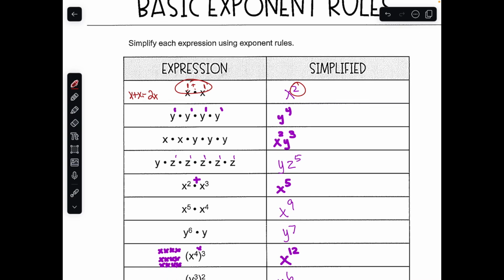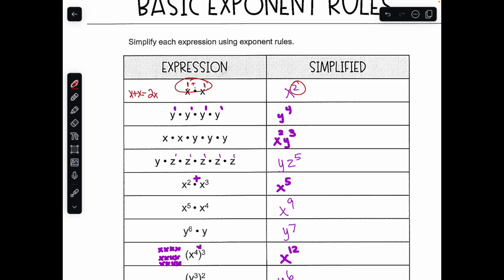And if this doesn't make sense, then go ahead and substitute a number. So if I put in like 3 for this, I'd have 3 plus 3, which is 6. And that is 2 times 3. So we know, yes, that works here. And on this side, if I do 3 times 3, that's 9. And 3 squared is 9. So again, we know this concept is correct.